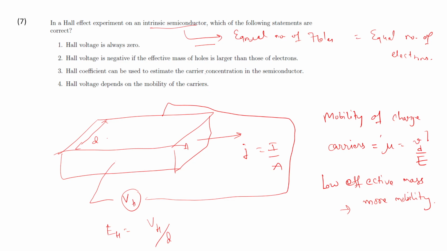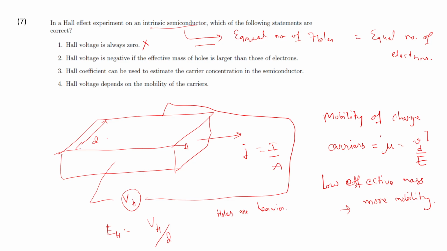Why is it not true? Because holes are heavier, but the electrons are light and they can quickly rearrange on the transverse plates of this conductor. That is why we get the major Hall voltage due to the free electrons rather than the holes. So it is not true that the Hall voltage is always zero.